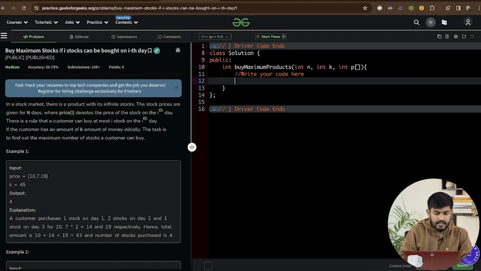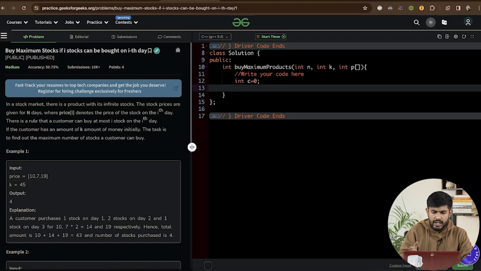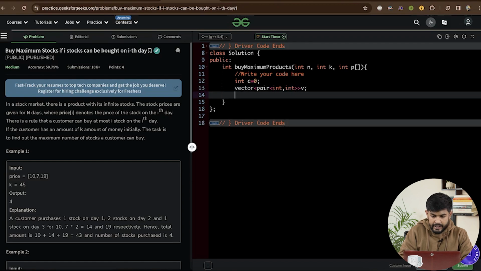Good enough. Now I would be initializing account to 0, because I would be just updating this value. Now I would be writing vector of pair of int comma int, and I would be naming it as v, and then I would be iterating over the values. For int i equals 0, i less than n, i plus plus.